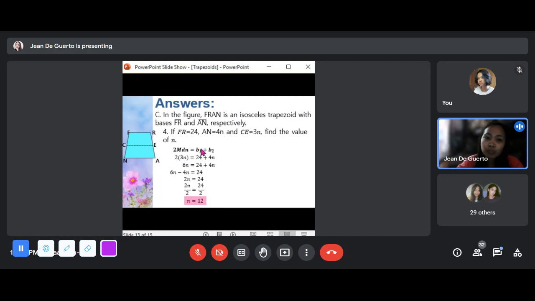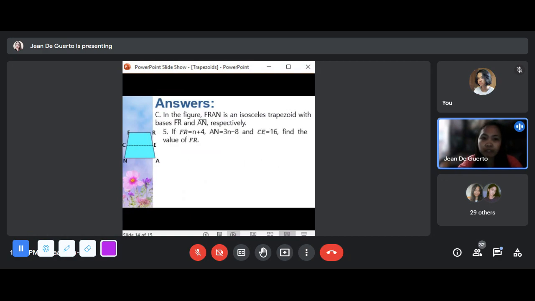Kasi yung base 1 at saka base 2, kagaya nga nung nabanggit ko, okay lang na magkapalit sila ng substitution. Pwedeng yung B1 mo yung 4n, tapos yung B2 mo yun yung 24. As long as yung median, which is CE, is correctly substituted, you're going to arrive at the same answer, which is 12.